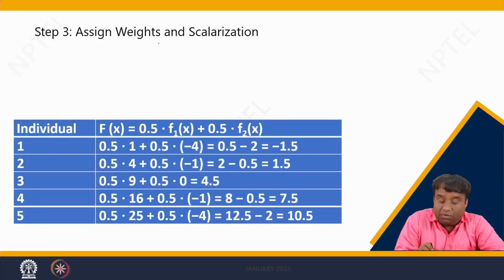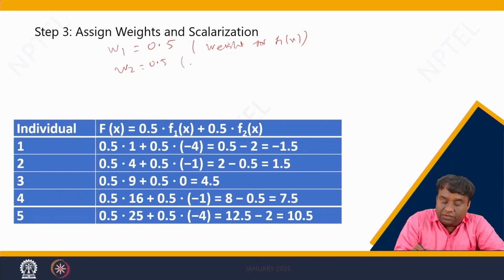Next is to assign weights and scalarization. We'll assume that w1 equal to 0.5, that is the weight for f1(x), and w2 equal to 0.5, that is the weight for f2(x).